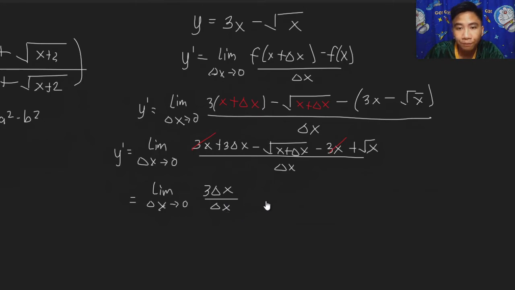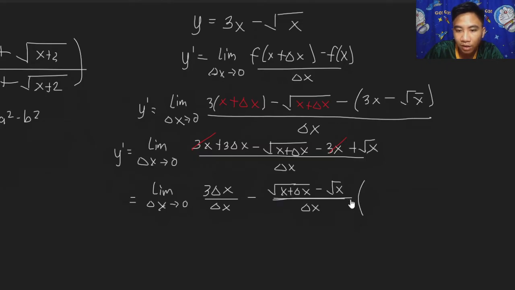And then, ito, ilalabas natin si negative. So, mangyayari is, magiging positive na to si square root of x plus delta x. And then, itong positive, magiging negative naman. All over delta x. So, the same.